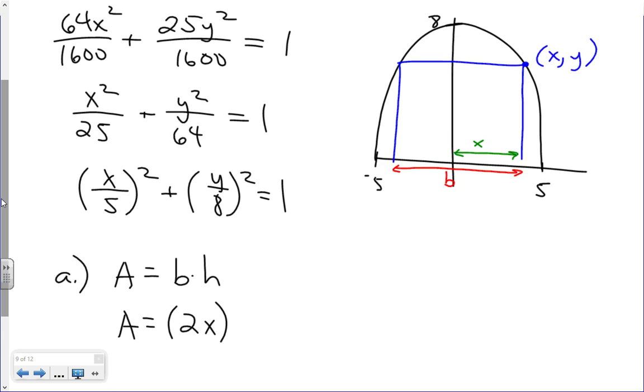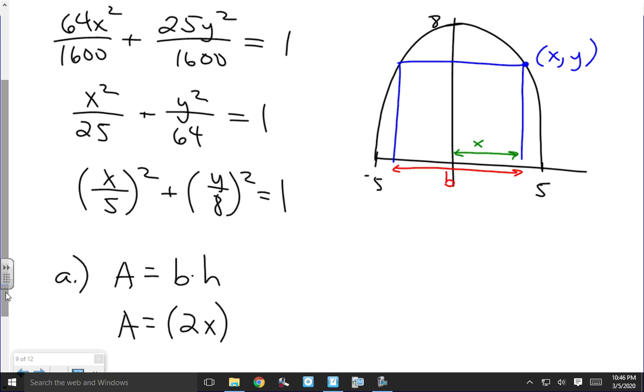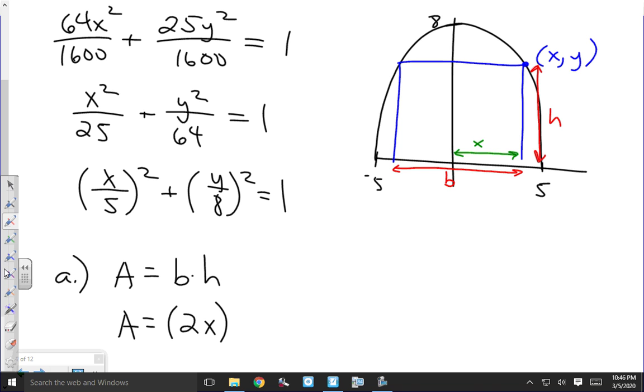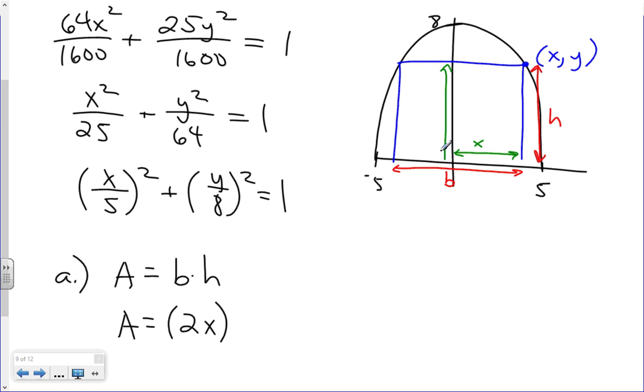And now let's take a look at the y value. The height of this is going to be this vertical distance here. That's our height. And that's exactly what y measures. y measures how far that point is from the x-axis. So this vertical distance right here is actually what y is measuring in terms of that (x, y) point.